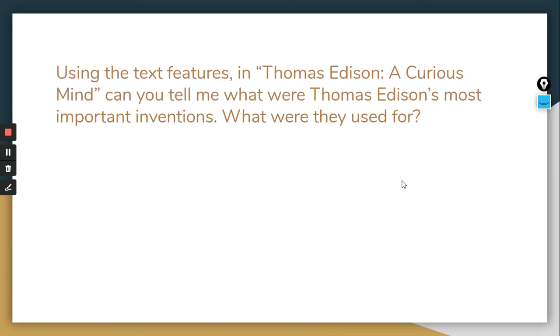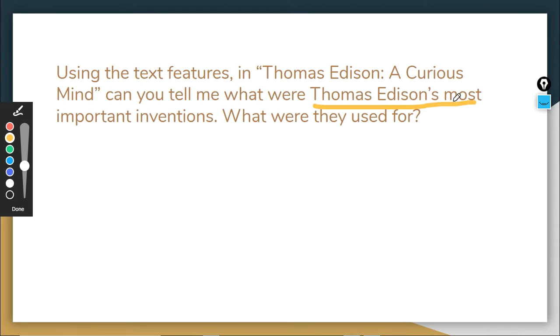It says, using the text features in Thomas Edison, A Curious Mind, can you tell me what were Thomas Edison's most important inventions? What were they used for? So this is a two-part question. I'm looking to see what were Thomas Edison's most important inventions, and I have to use that text feature.